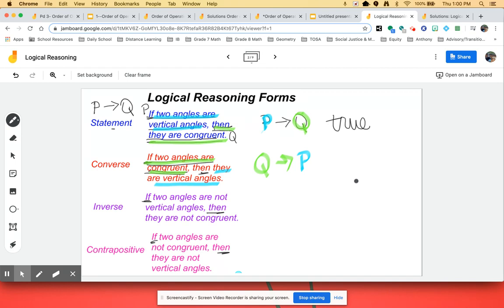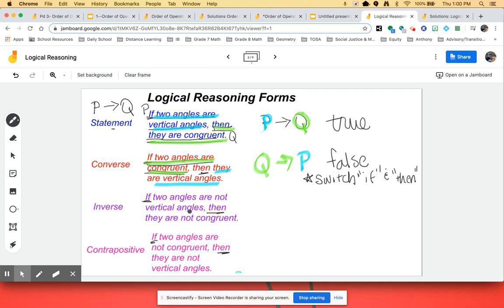We could have two supplementary angles that would be 90 degrees each, but they would not be vertical angles. So for this particular statement, this is false. And the key for this is we are switching the if and the then. So we're going to switch the if and the then.